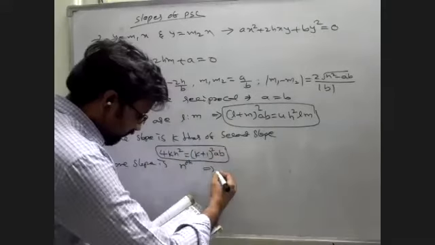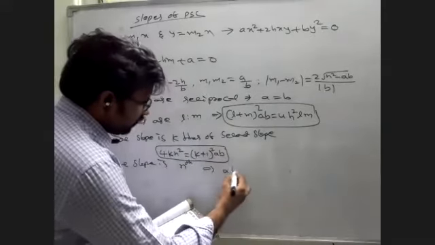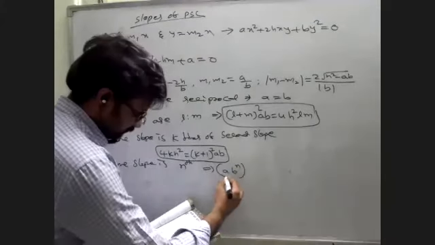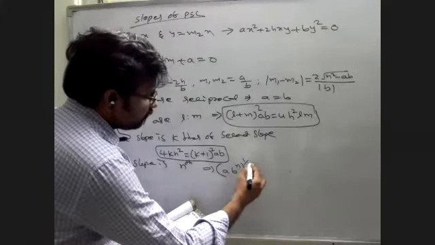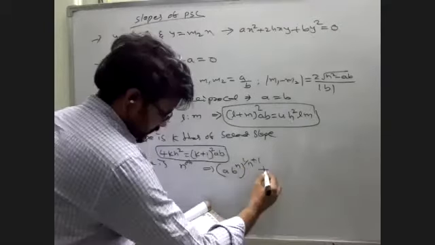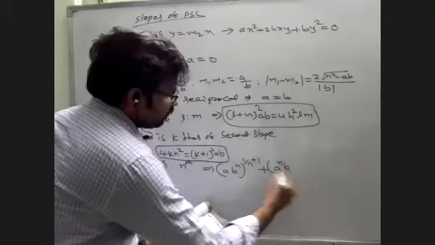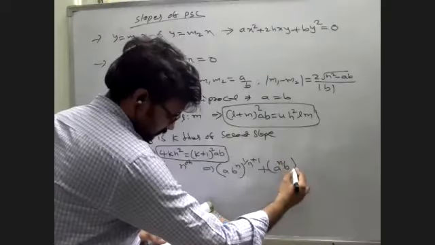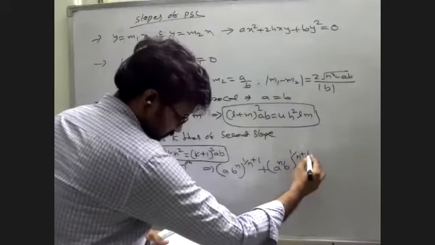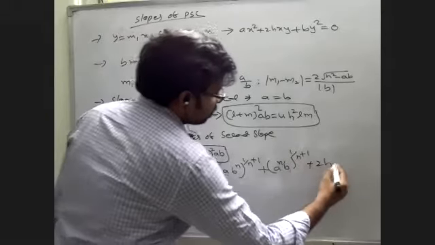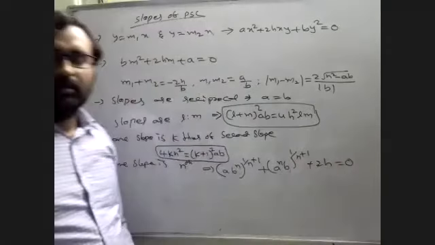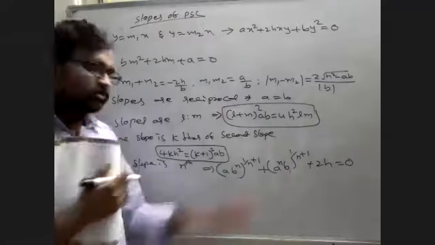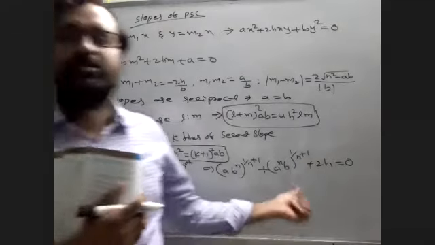Then the condition, you must remember carefully, is (A B power n) whole power 1 by (n plus 1) plus (A power n B) whole power 1 by (n plus 1) plus 2h is equal to 0. One slope is the nth power of the other slope, then this is the condition.